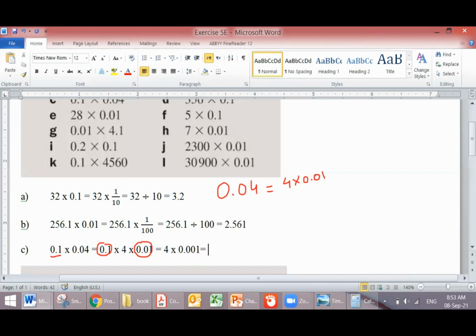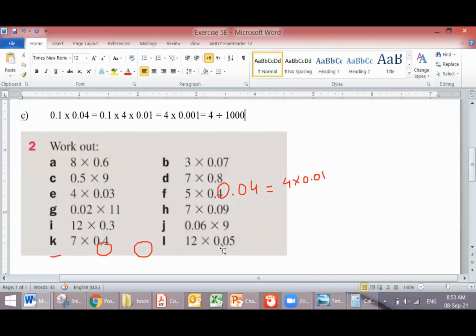And that will become, now you can see that multiplying by 0.001 will become the same as dividing by 1000. Okay, so I can write it as 4, and here I will write division sign 1000. 4 divided by 1000, and 4 divided by 1000 will be, now there are 3 zeros here.